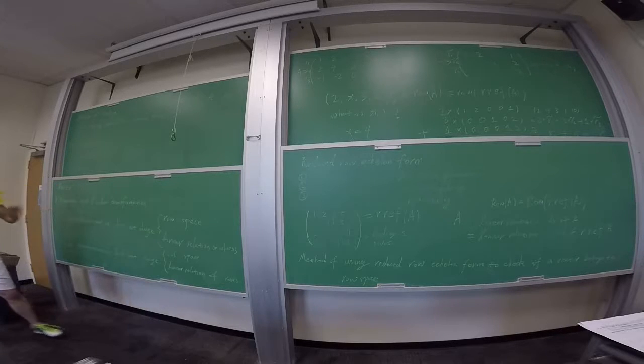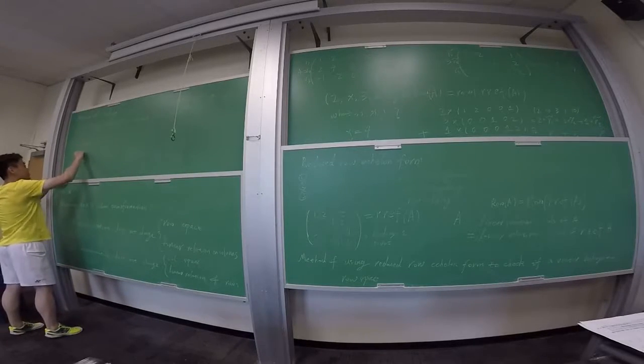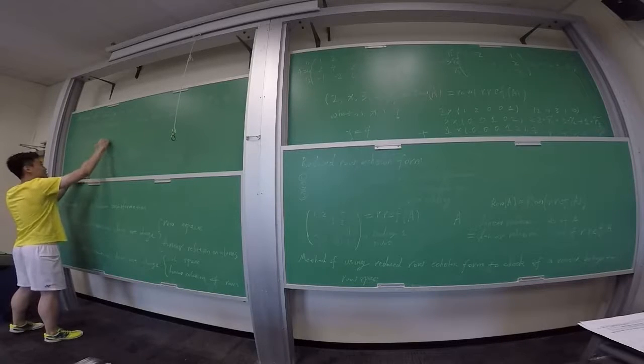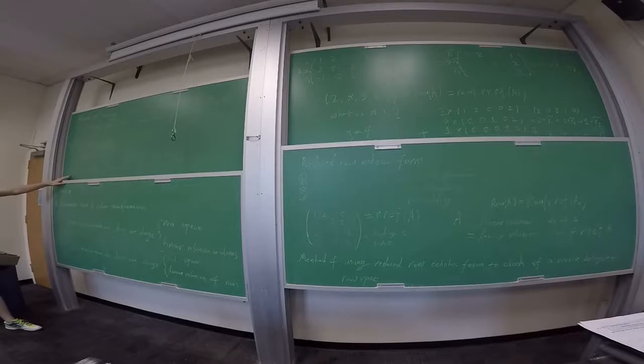So let's make it more clear. What does it mean for a column matrix to be in the column space of A? Suppose I have a column matrix, maybe something over here, and it belongs to the column space of A. What does this sentence mean?